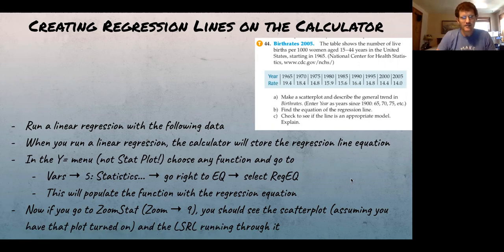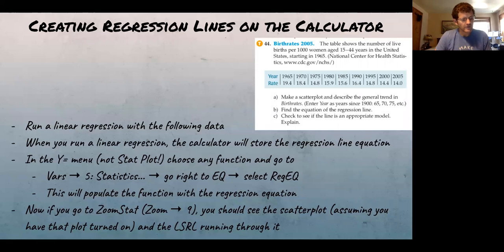To access it, it's a little bit weird, but what you need to do is go to your y equals. First of all, to actually create the line, you want to go on your calculator to y equals. You're probably familiar with this from Algebra 2 or other classes. For any of those functions, while you're just hovering on one, hit vars, and in there you'll have the option of statistics, number 5.